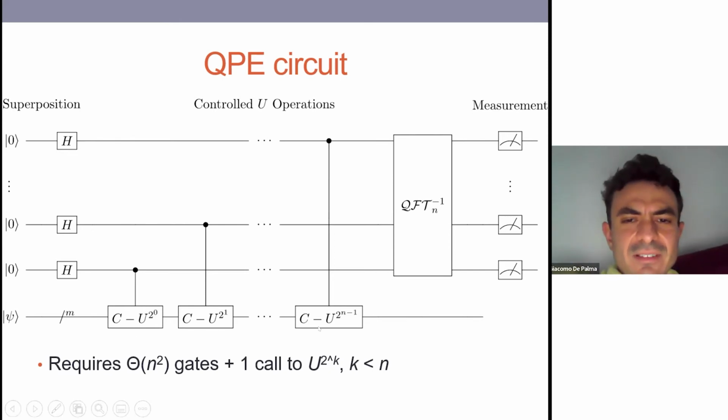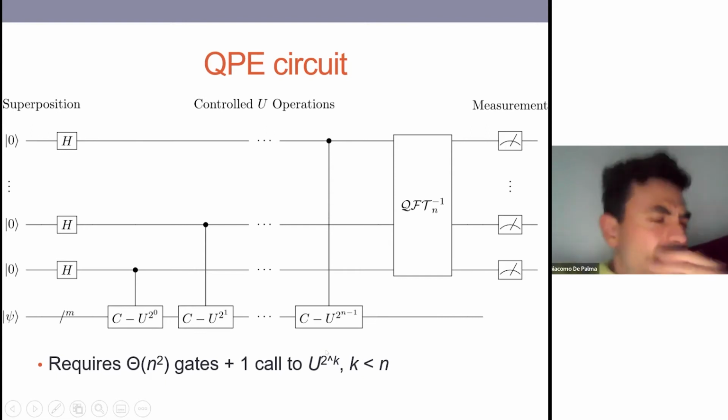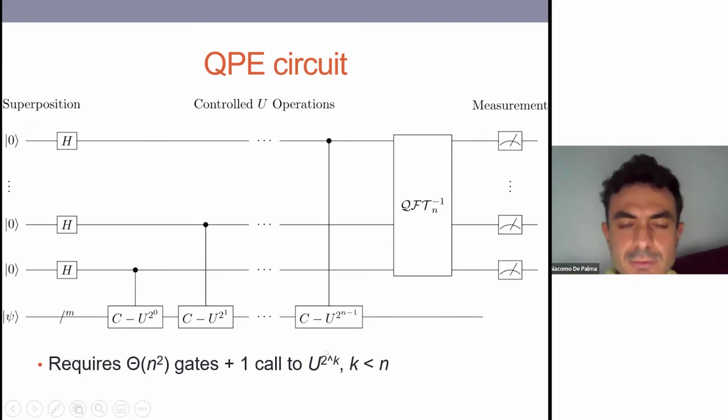And then we have these calls to the control U. And actually, these calls to the control U call a U that can be applied up to 2 to the n minus 1 times. So the number of gates that we need to build for this circuit depends a lot on how many gates we need to apply U.